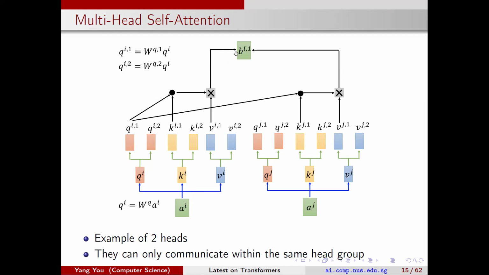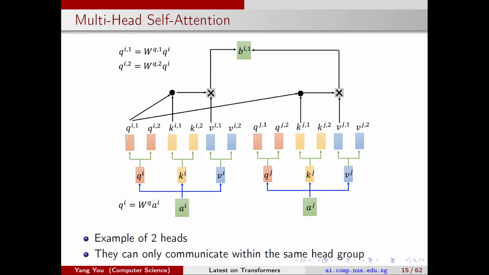So BI1 is the attention for the first head from all the attention coming from I, but only for the first head. For example, the first part is 1 to 1.